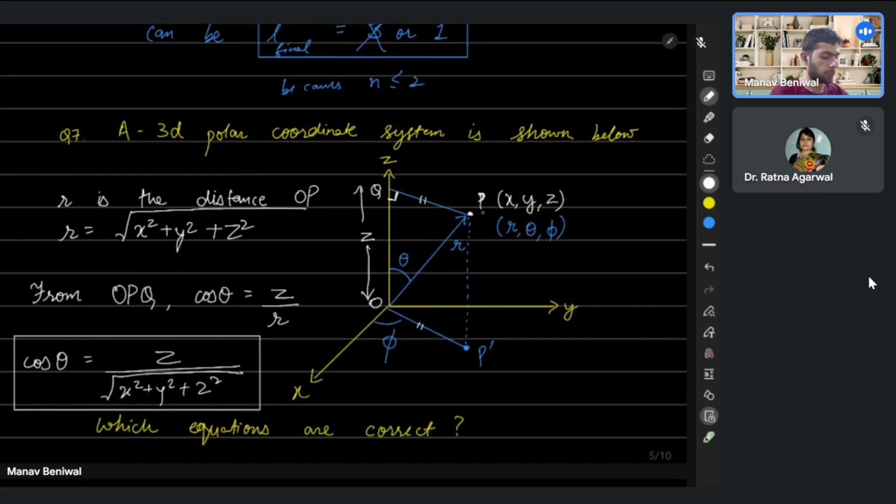So what will be this QP? We write cos theta as z by r, and then we can write sine theta as QP by r. So we can write QP as r sine theta. And because these two are equal, OP prime, which is this length, will be nothing but r sine theta.